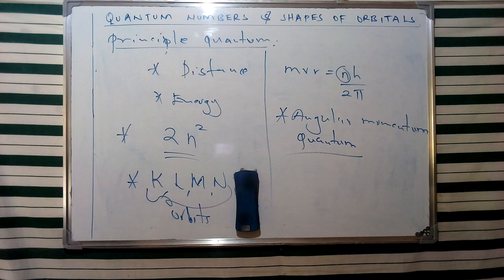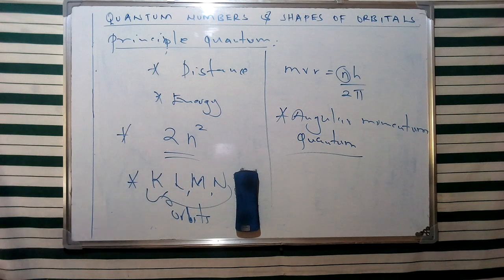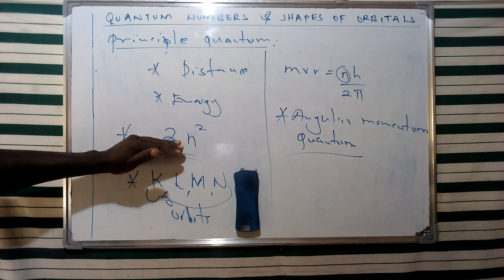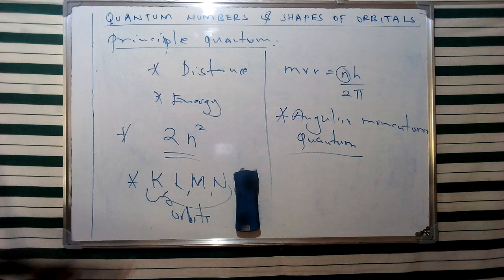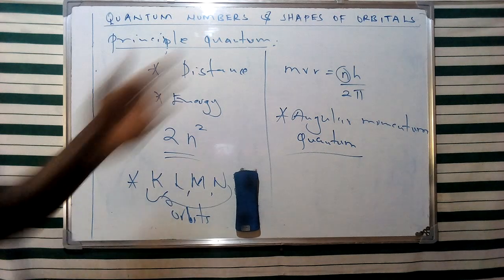In case we come across a specific discrimination using this particular number, then this is a description for energy, angular momentum, or specific shapes and other forms which we are going to come across. Now, in our next discussion, we're going to look at another quantum number, and that together with this one is going to form a range for us in understanding the various quantum numbers that we're going to come across in representing the shapes of various orbitals.